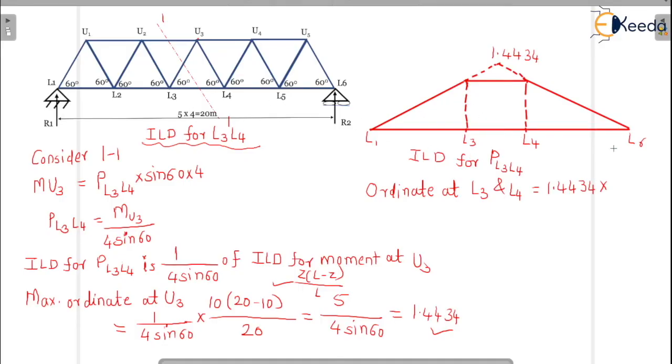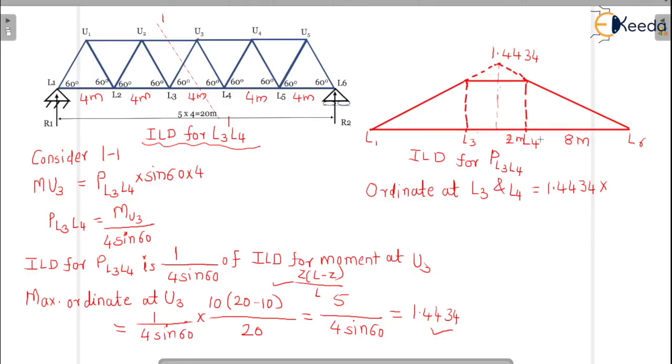When we consider a similar triangle, if you draw a line here, each of these divisions is 4 meter, and L4 to L6 is a total of 8 meter, and this is 2 meter.